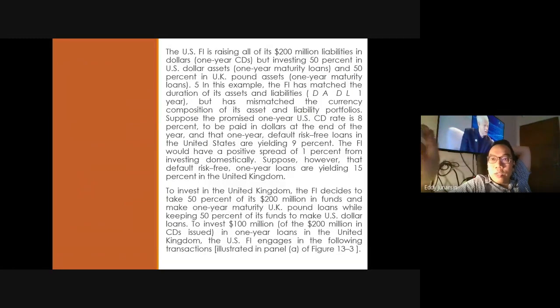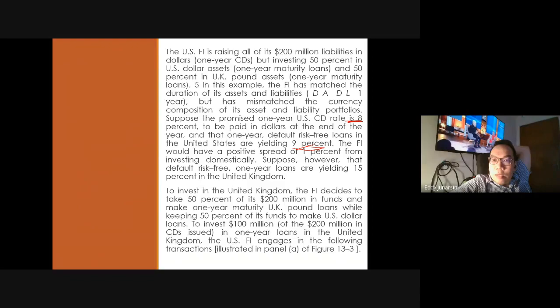So the interest charge on your liabilities is 8%, right? And then you try to make money in the domestic market, you'll get 9%, right?